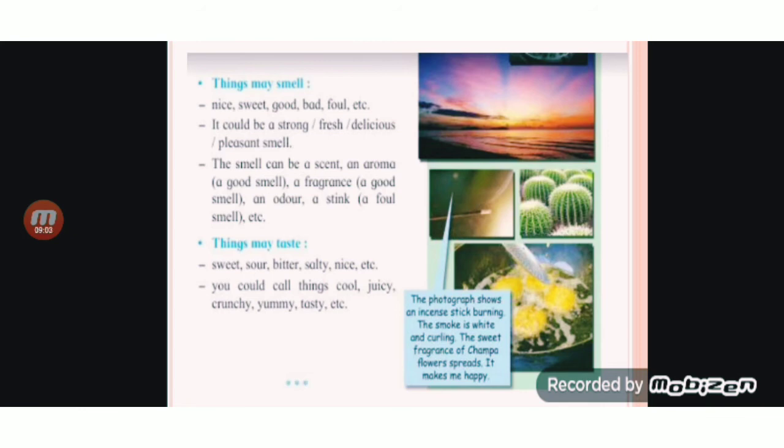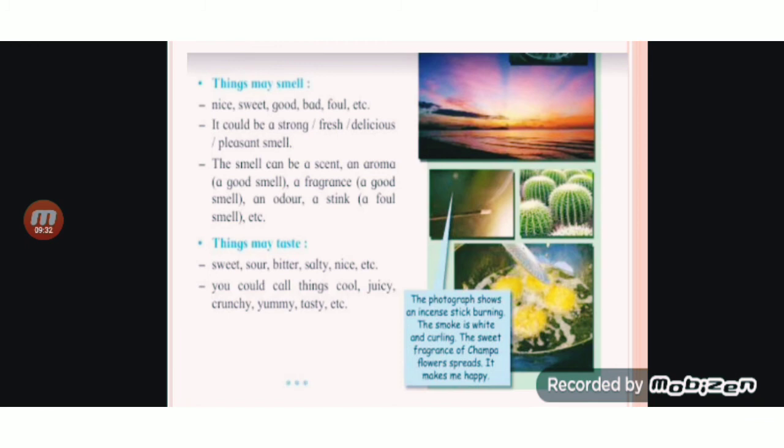Now, things may taste sweet, sour, bitter, salty, nice, etc. Now, what tastes sweet? All the sweets, the juices, the mango, banana, ice cream. So, you know it well. Next, sour, as I said, lemon and oranges taste sour. Bitter, bitter gourd. It tastes bitter.